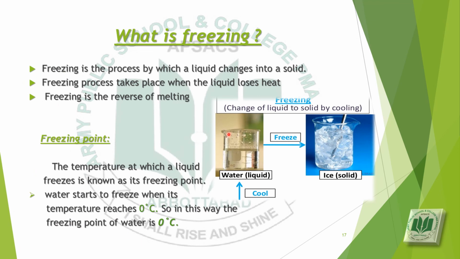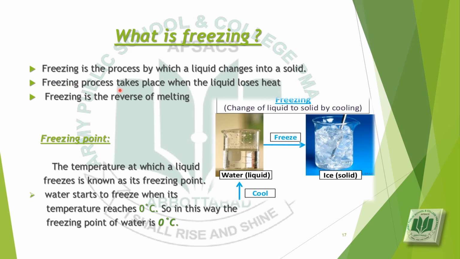Students, in this slide now we are going to discuss another very important point of today's lecture, and that is freezing. What is freezing? Freezing is the process by which a liquid changes into a solid.